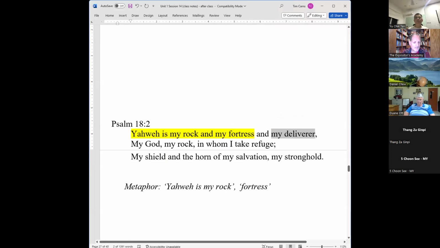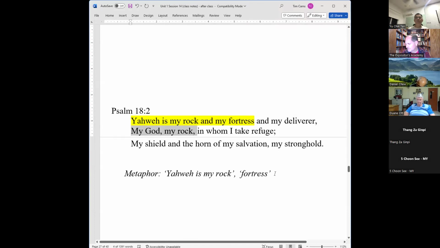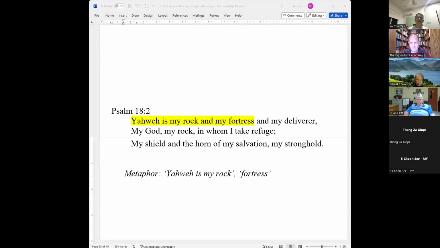Now, what about this next line? My God, my rock. What is the name of the comparison, the strongest one?